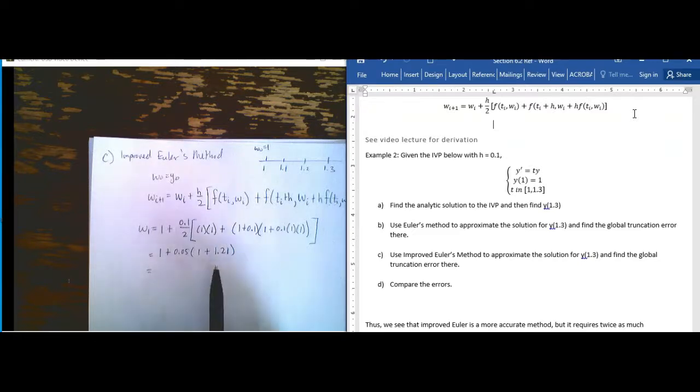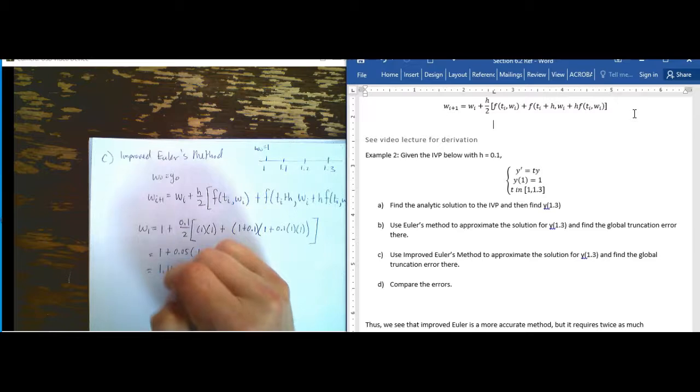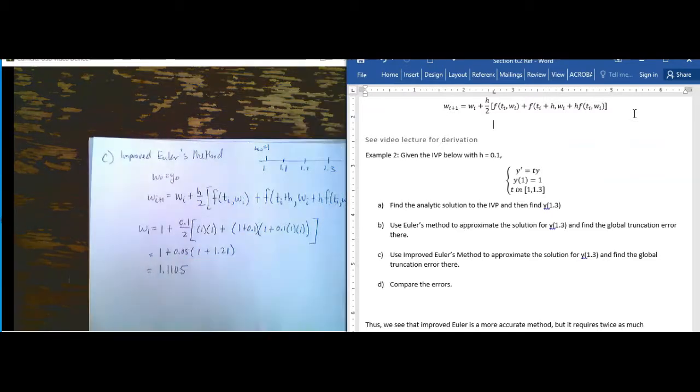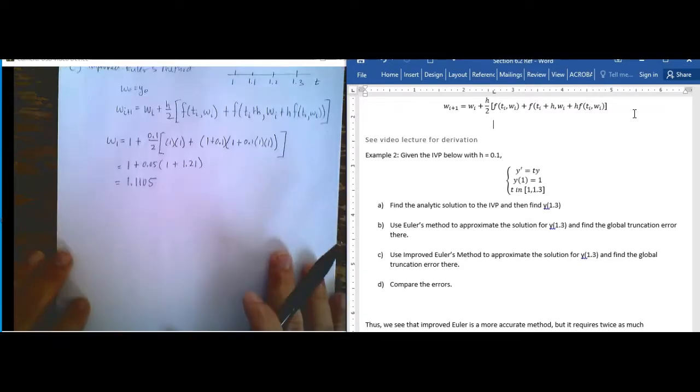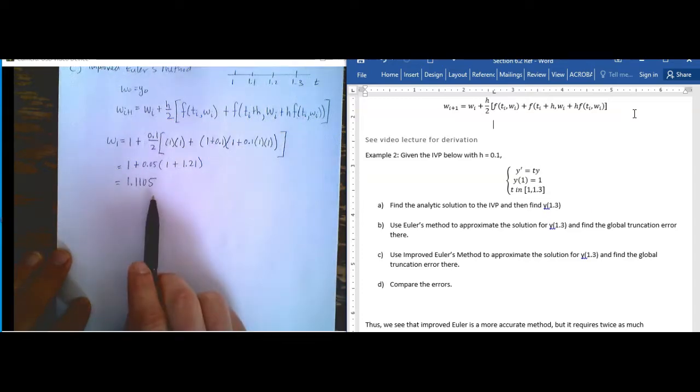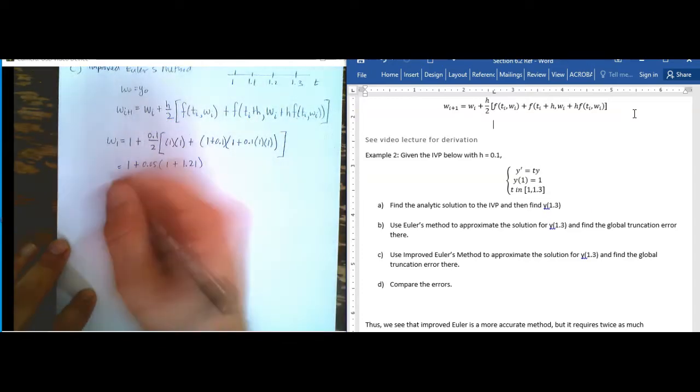Calculating this, we will get 1.1105. Okay. So you can see it's a little larger than the Euler's method, but closer to the actual solution, right? Much closer to the actual solution.